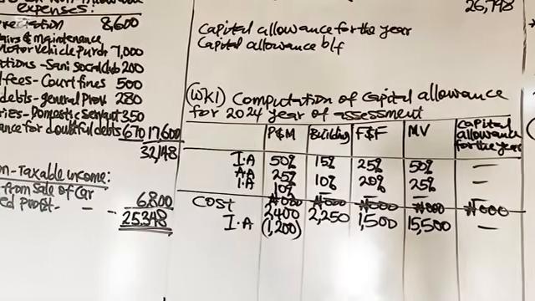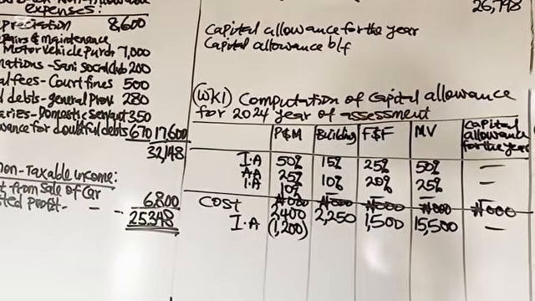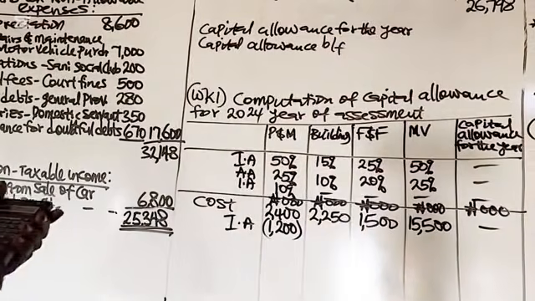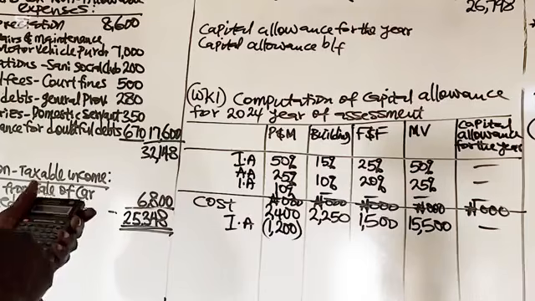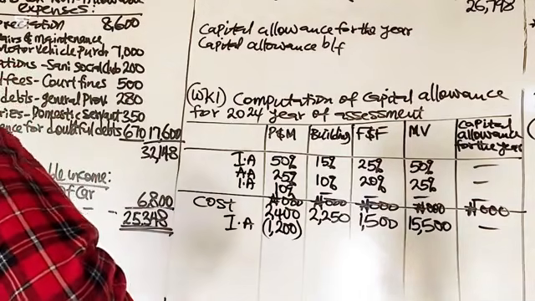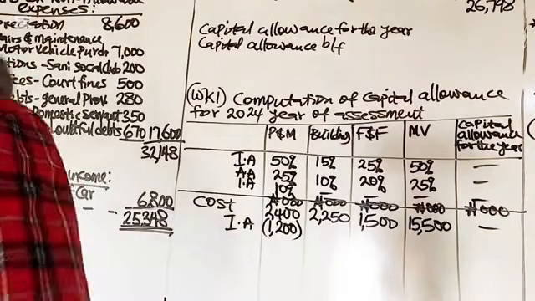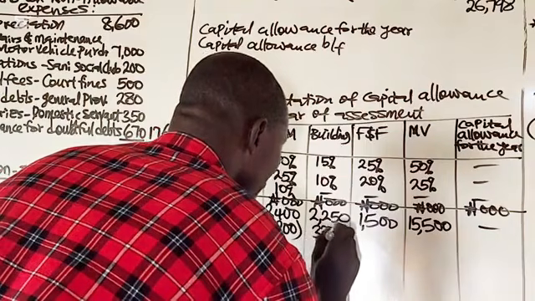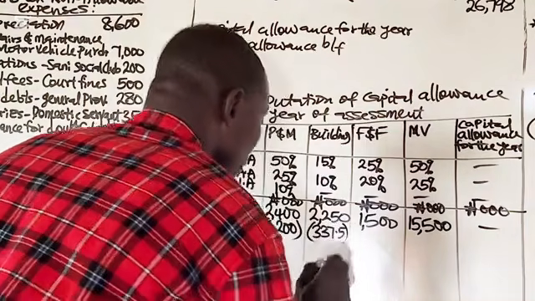Then 15% of 2,250,000. That gives us 337.5, this is 337,500.